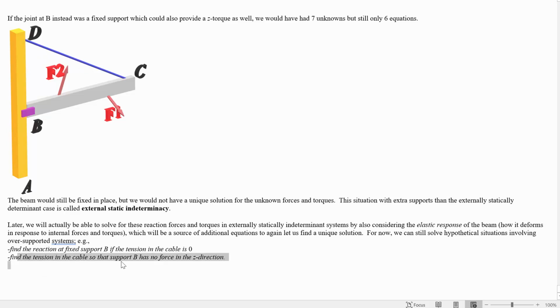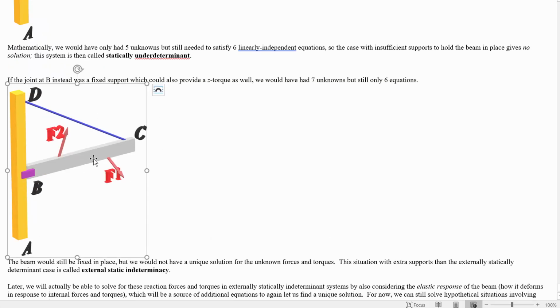Or what's the tension in the cable if support B has no force in the Z direction? So you can ask all kinds of questions, now this one I think doesn't work because the cable is directly in the Z direction. So not all of these questions that eliminate the variable eliminate it in the right way to get the problem to a position where it's solvable.